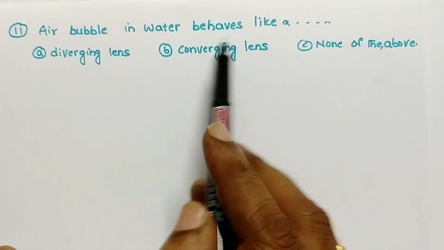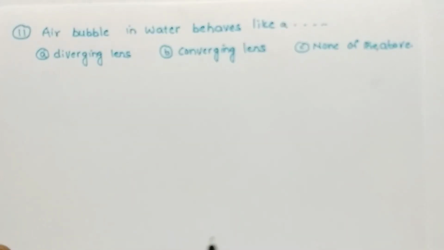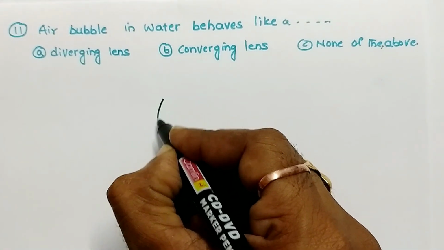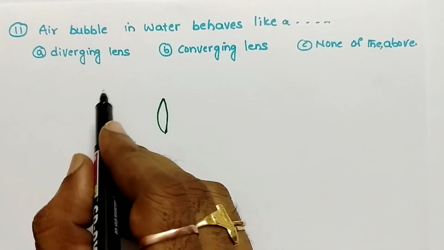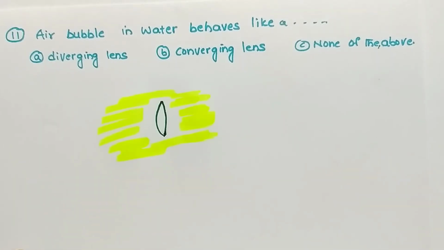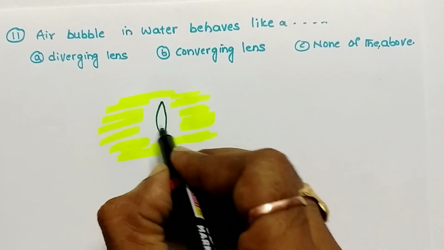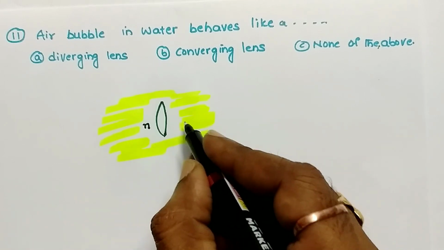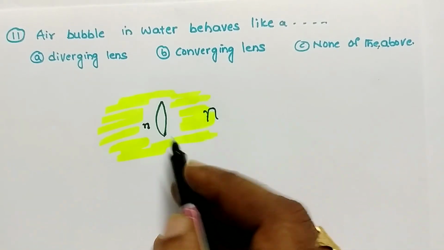Air bubble in water behaves like a diverging lens, converging lens, none of the above. So we have one point: when a convex lens is placed in a medium, the convex lens has a refractive index and the medium also has a refractive index.